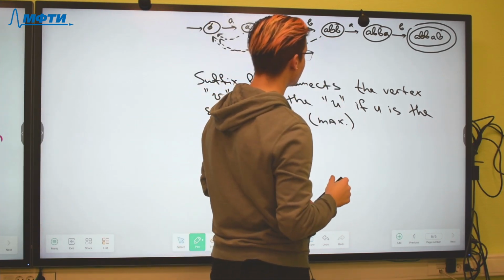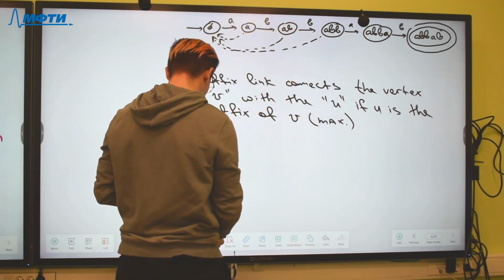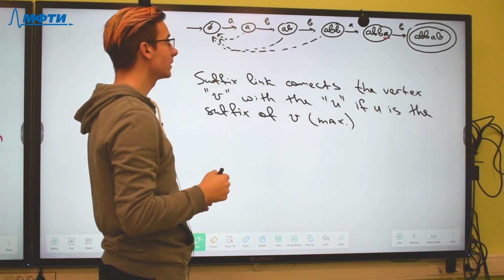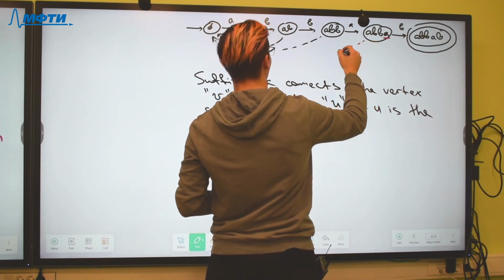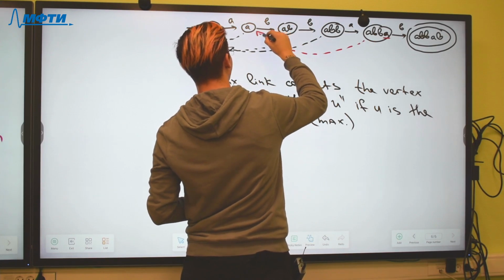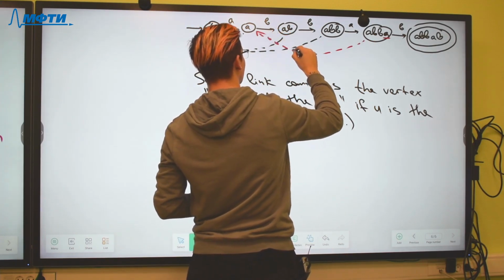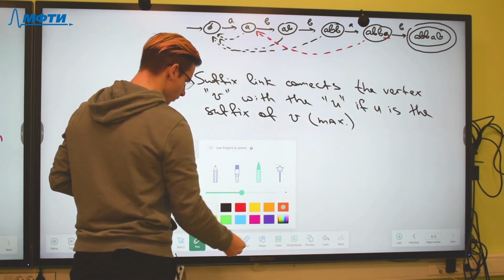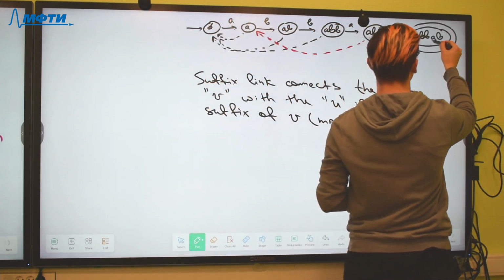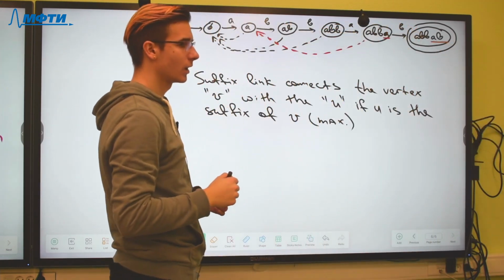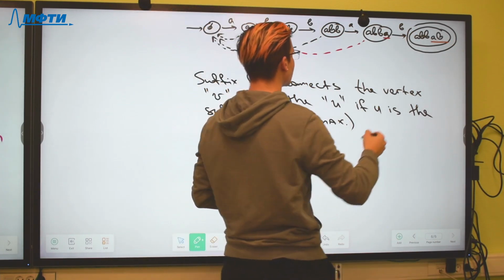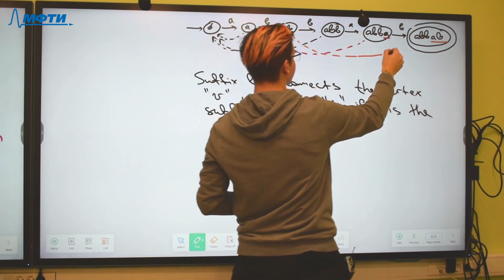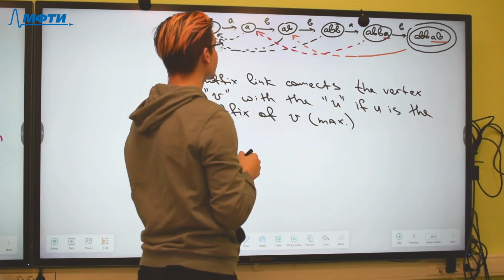For this word, I find the suffix a, and so I write here the suffix link between this word and this word. And here I find these two characters, a, b, that is the prefix of x, so I connected it with this vertex.